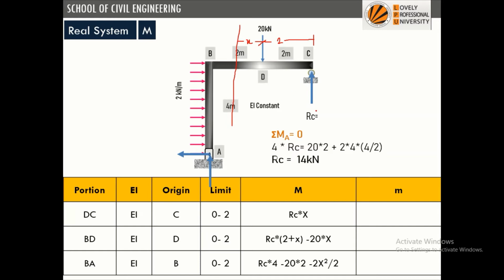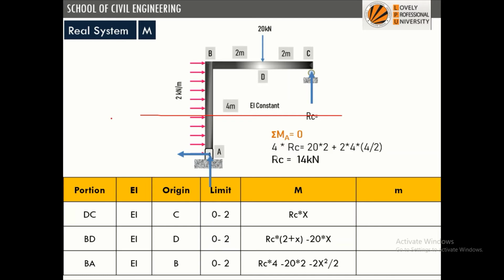It will be RC into 2 plus X, because this is sagging, and this force will give a hogging bending moment, so minus 20 into X. So the last portion will be this vertical portion AB.